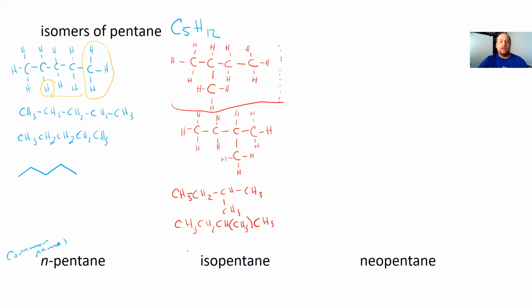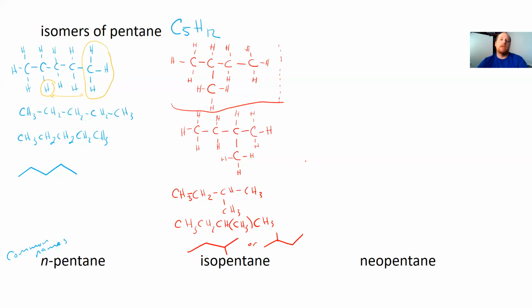Or CH3, CH2, CH, CH3, and CH3. And our line angle is going to look something like that, or like that. In either case, that little branch comes off of the second carbon from the end. Depends upon which end you're counting from, but that's part of the nomenclature that we'll get to in a little bit.